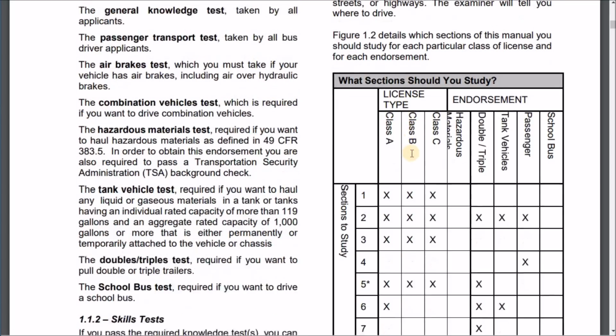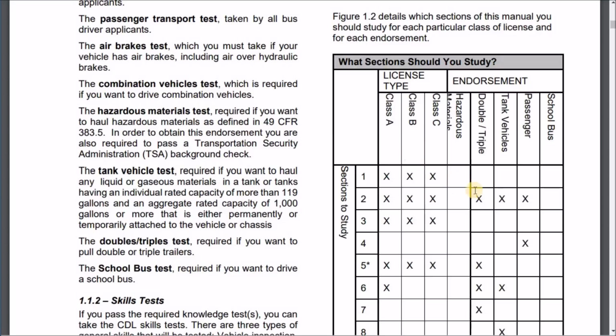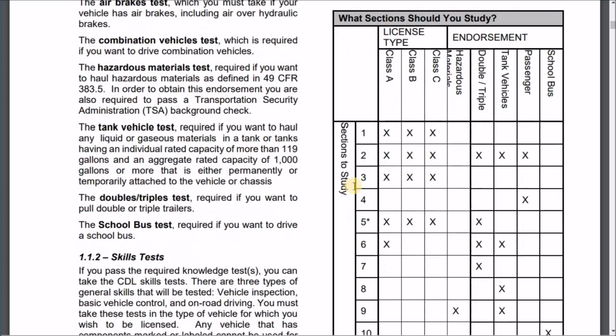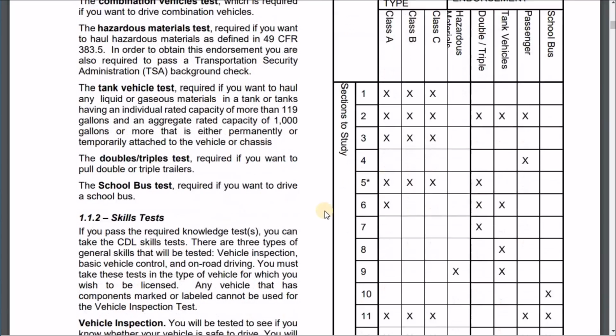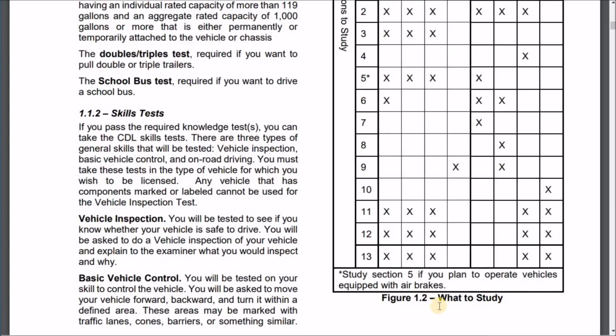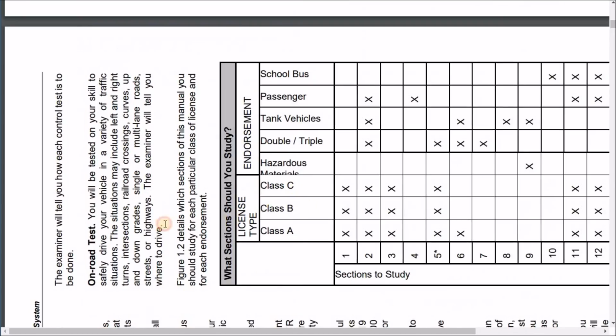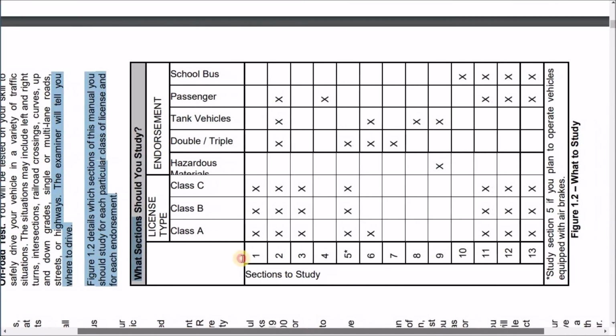Here you see figure 1.2, which explains what sections you need to study. Let's see if I can rotate this clockwise, counterclockwise. That's how I look at it. For me, it's a lot easier to determine.